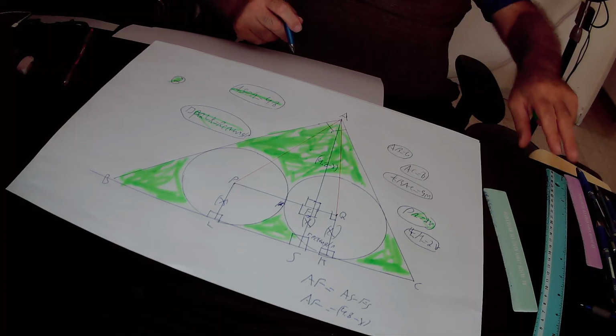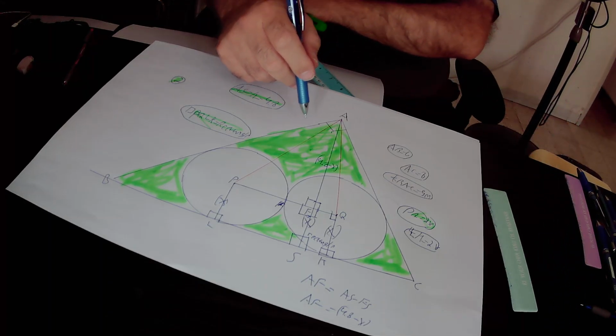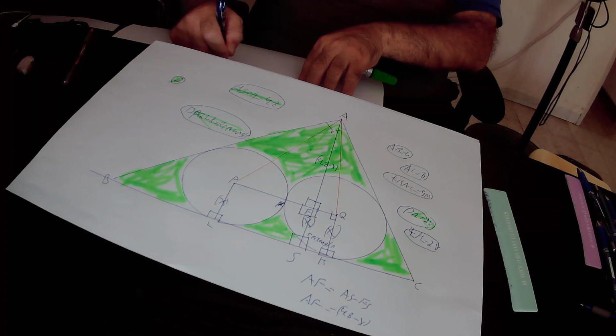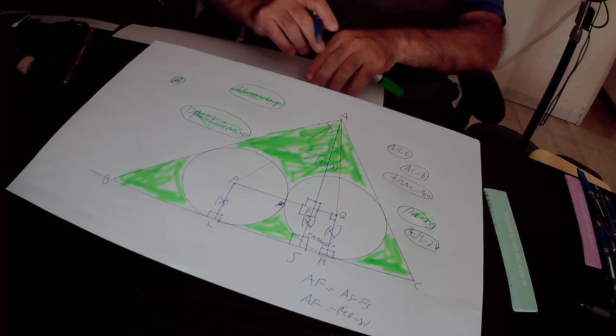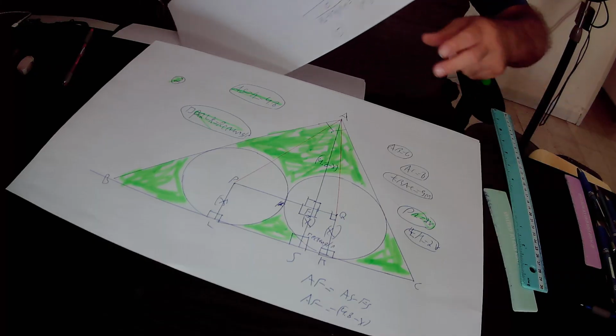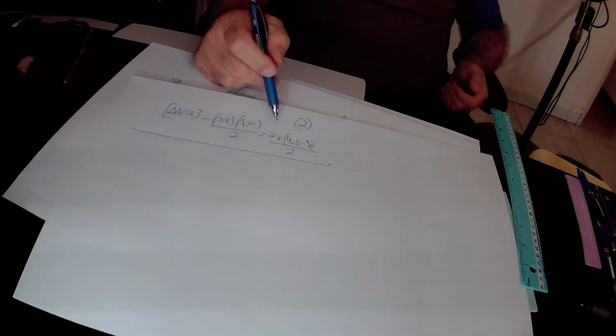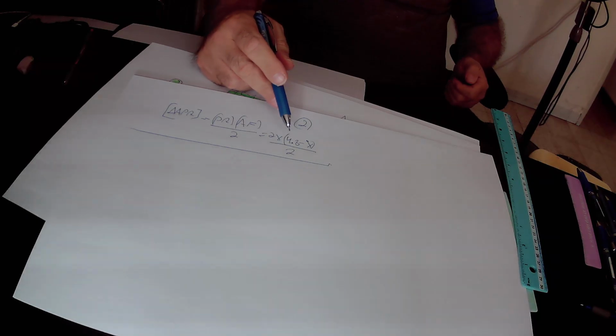So in total, the area of this small triangle APQ is equal to 2x times 4.8 minus x over 2.